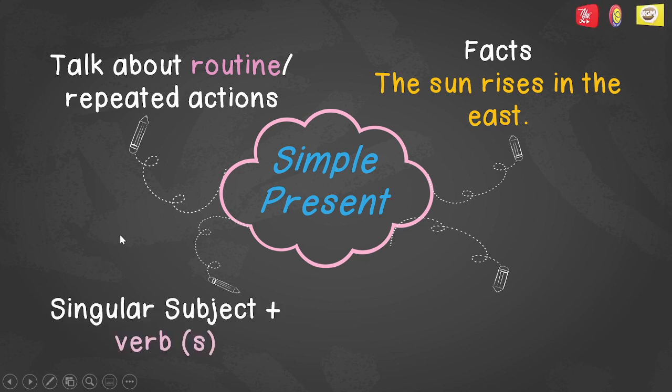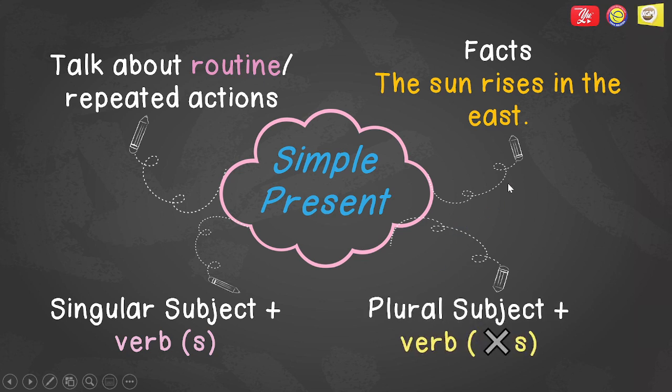For simple present tense, when you make a sentence and you have a singular subject in your sentence, means seorang, satu benda, seekor haiwan, the verb that follows, kata kerja yang kamu gunakan dalam ayat tu, must have s at the end. Singular subject followed by verb with s.